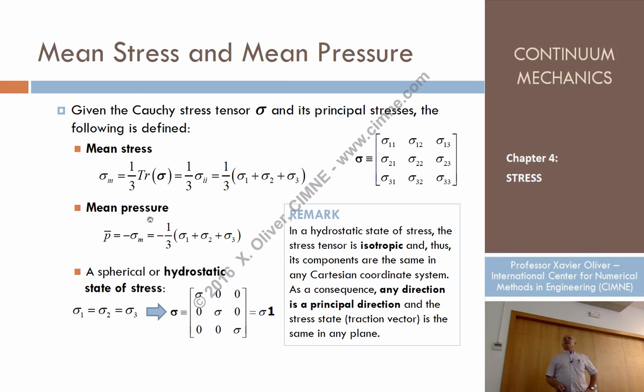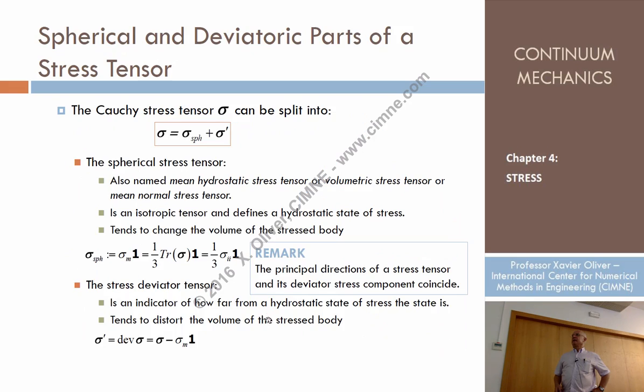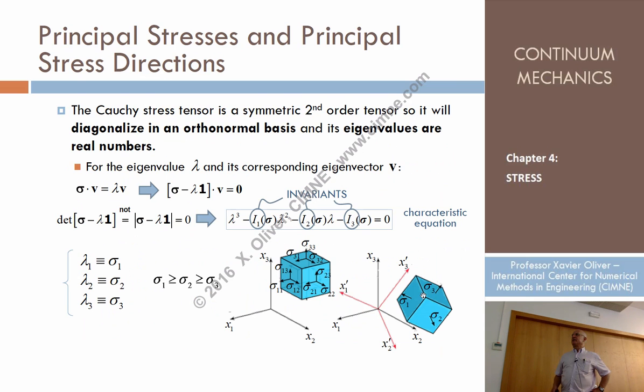Look, a spherical or hydrostatic state of stress is that stress state in which the three principal stresses are the same. When I look at the principal directions, in general, the three principal stresses are different from each other. But it could happen in some cases that the three of them are equal.